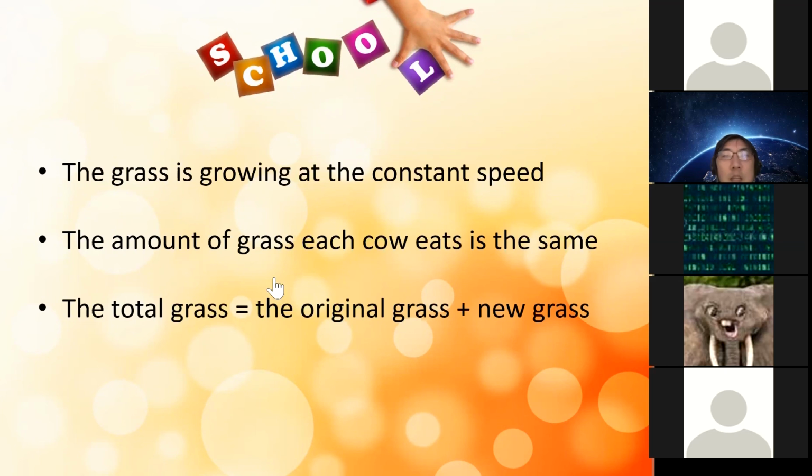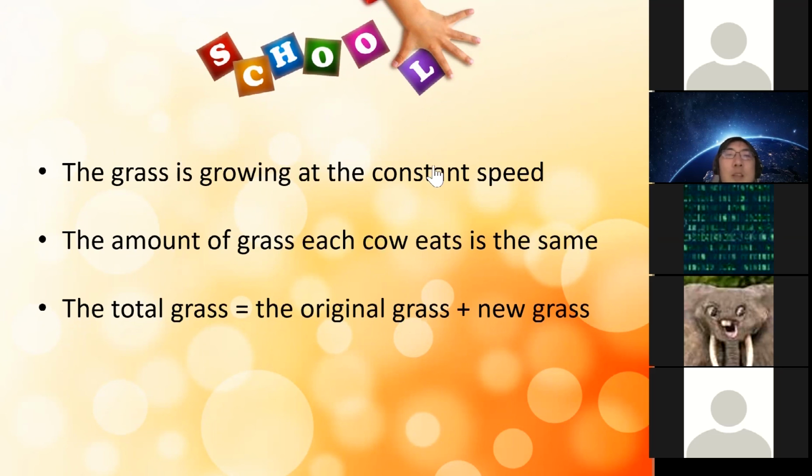So for this kind of problem, we only consider, when the original amount of grass on the grassland is gone, we just deem it to be over, to be finished. We just consider the cows have eaten all the grass, because otherwise there will not be an end.